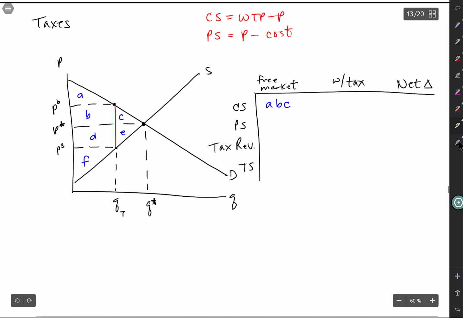So A, B, and C. Again, here's willingness to pay, and here's price, and they're buying Q star units. Therefore, the difference between willingness to pay and price is consumer surplus. Similarly, producer surplus is the difference between price and the cost of production up until the amount of units that they sell. Well, they sell Q star units under the free market outcome. Therefore, the difference between price and cost up until Q star is D, E, and F.